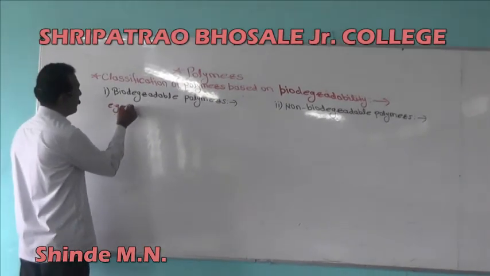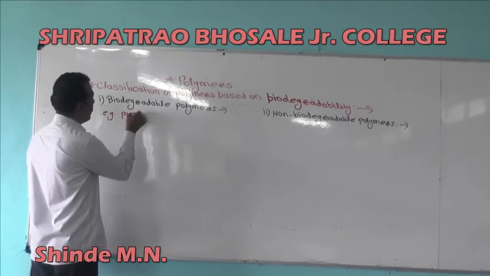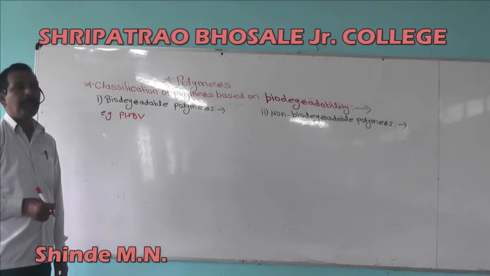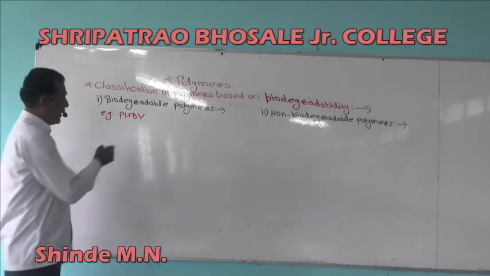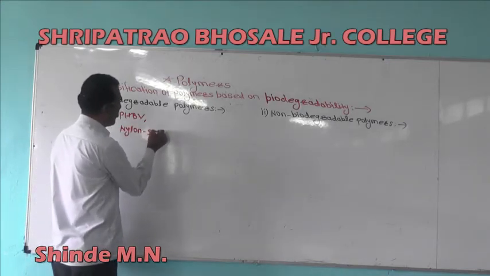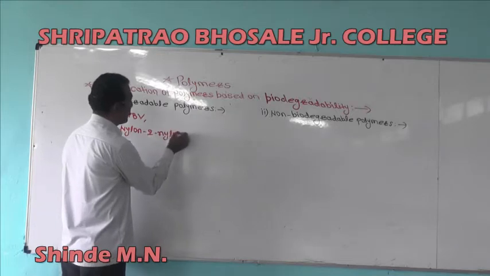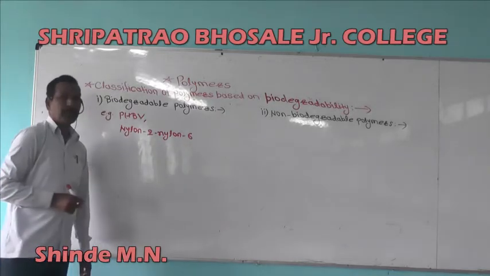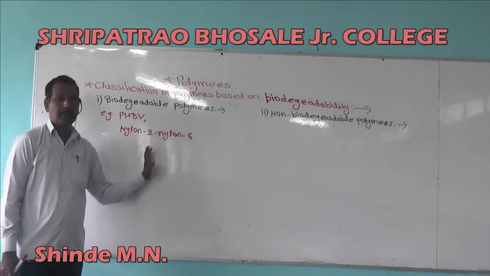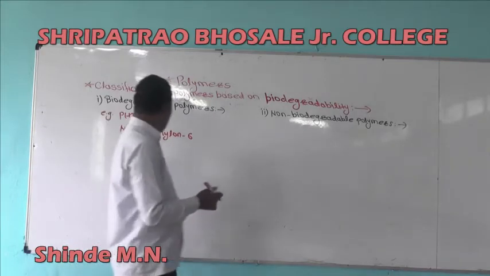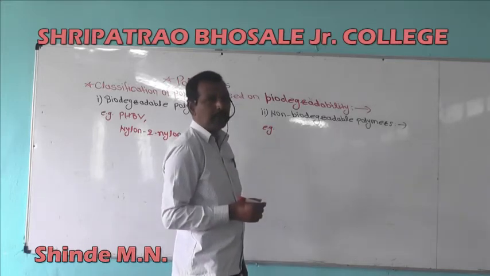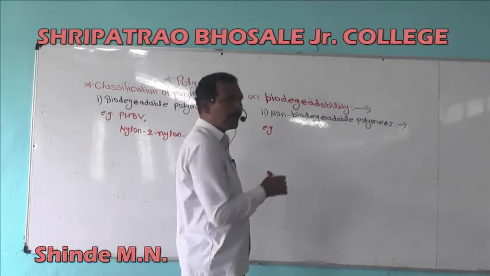In case of biodegradable polymers, we can take for example PHBV, polyhydroxybutyrate-co-beta-hydroxyvalerate, or for example another, nylon 2-nylon 6. Non-biodegradable polymers do not undergo degradation.